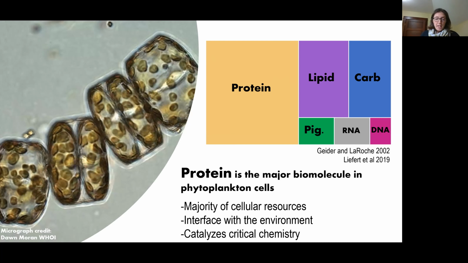We also know that protein is really important for understanding how plankton cells interact with the environment because they can help acquire nutrients, for instance. They also catalyze really critical chemistry that helps phytoplankton do what they do in the ocean. So by understanding protein expression and allocation patterns, we can get a real sense for how these phytoplankton are succeeding in their environment and how they respond to change.